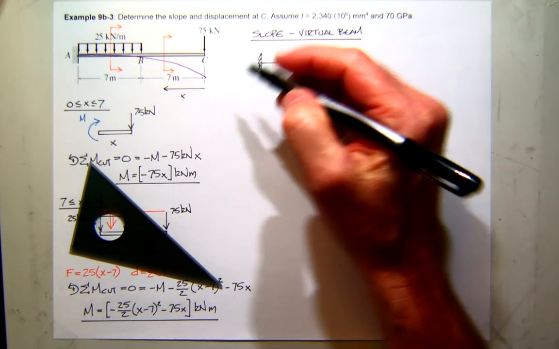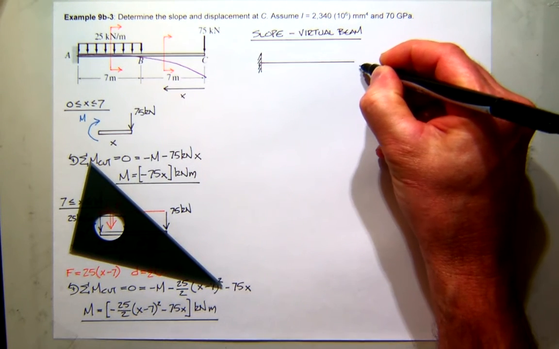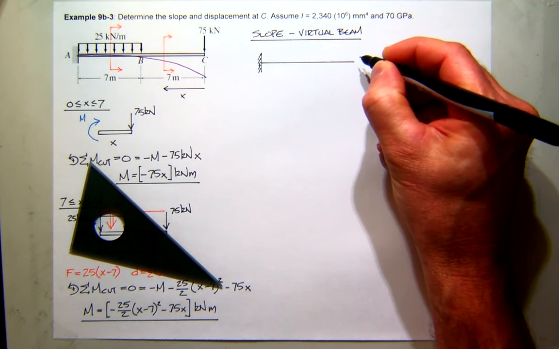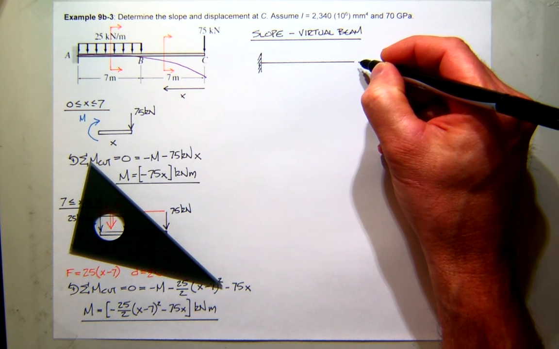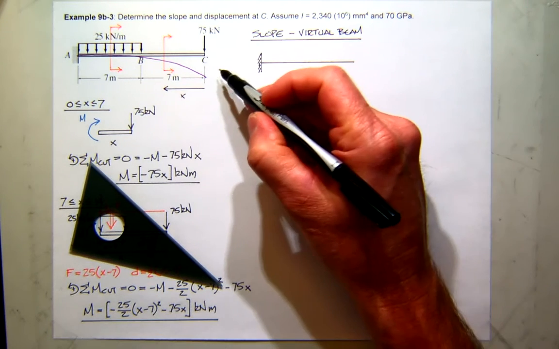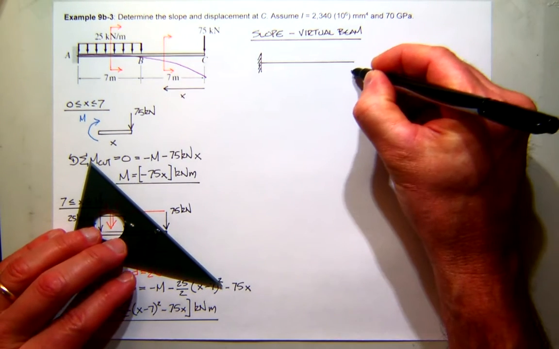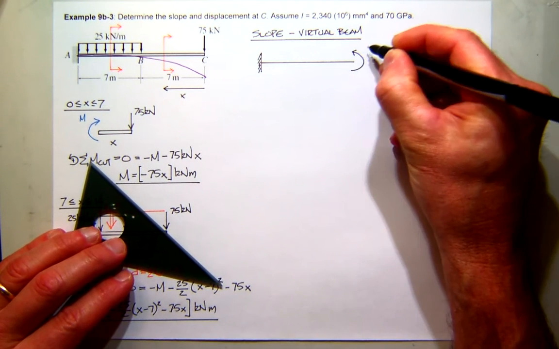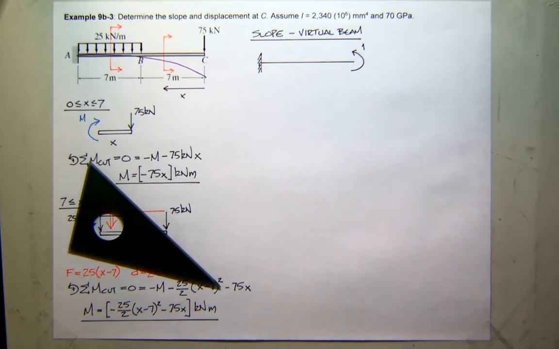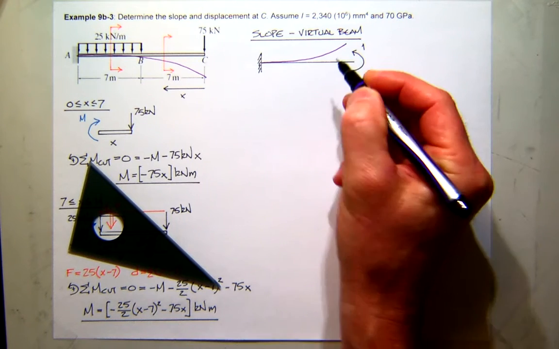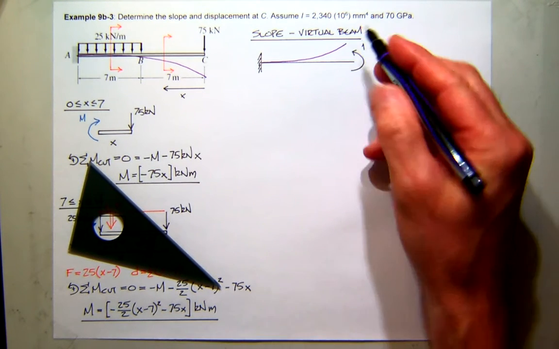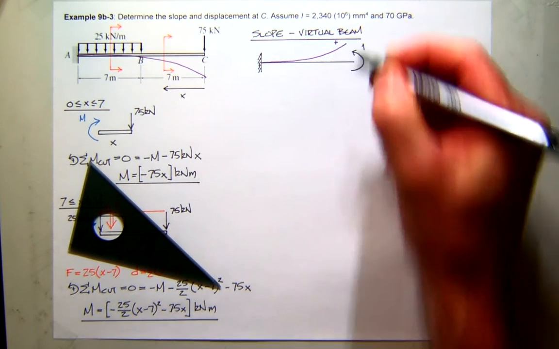So I'm going to assume a moment that's going to create a positive slope on the end. Then I'll probably get a negative result. So my negative will match this negative. By assuming a positive moment, if you look at this virtual beam, how would you expect it to displace? Probably like this. And that's how it generates this positive slope.